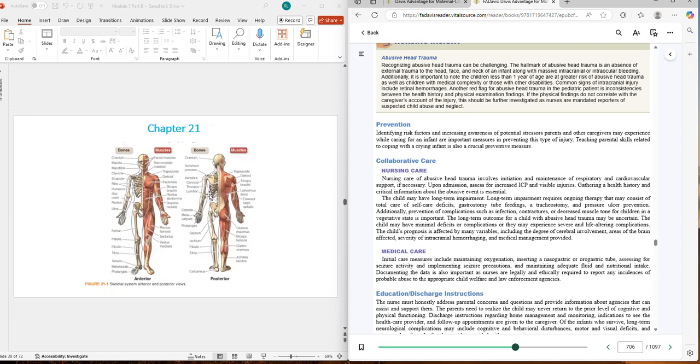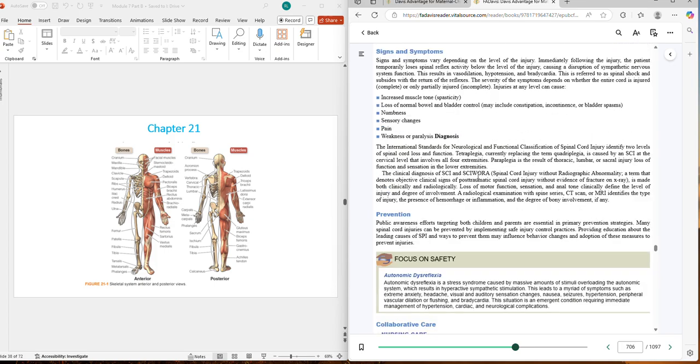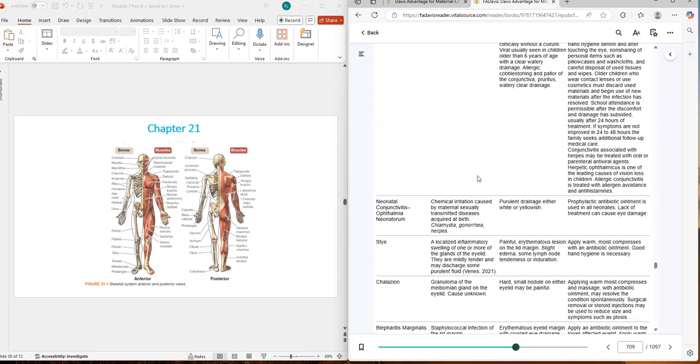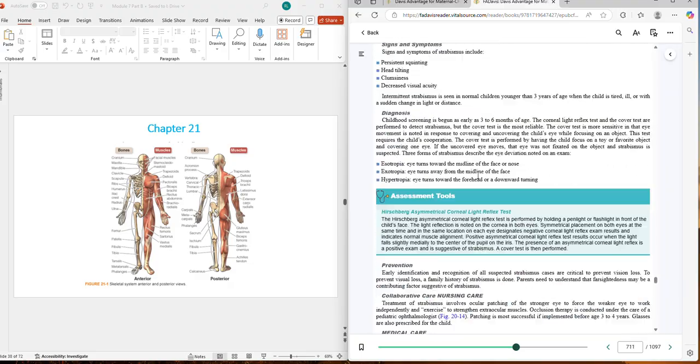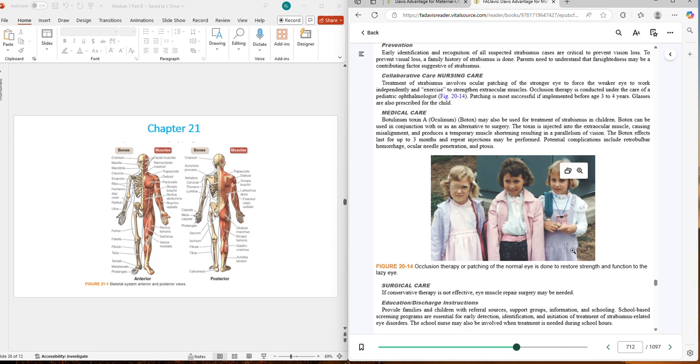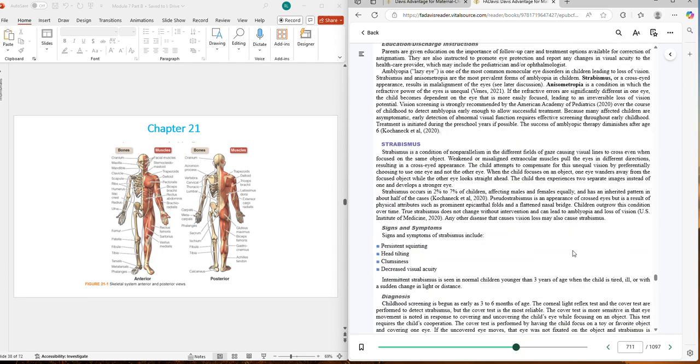Still talking about CP. All right, I want you to go to page 711. Astigmatism and strabismus. It's talking about different eye disorders. Let's see. So just make sure you read that. Strabismus is cross-eyed appearance resulting from malalignment.